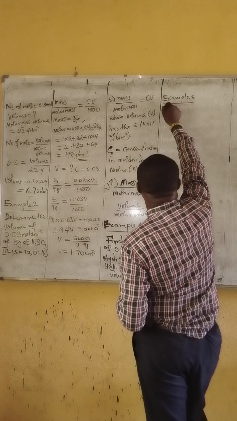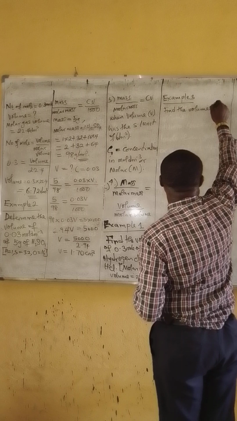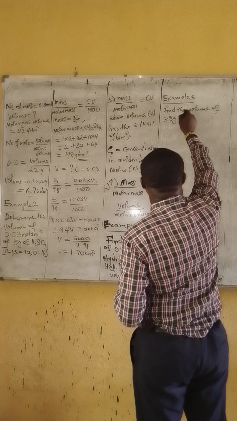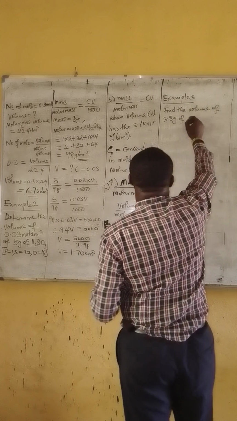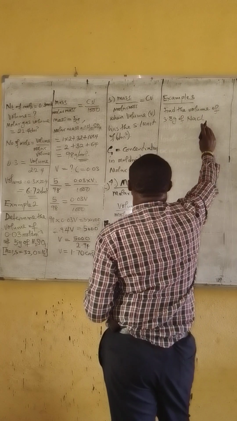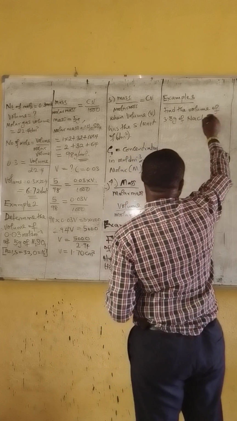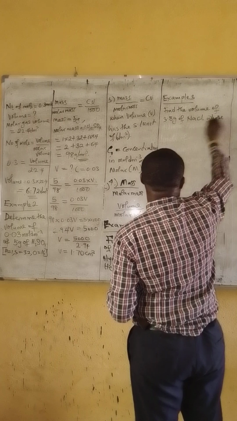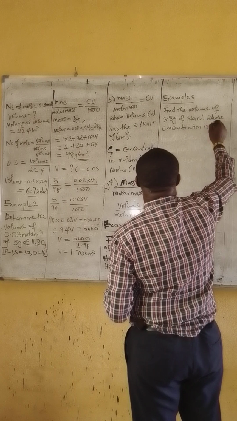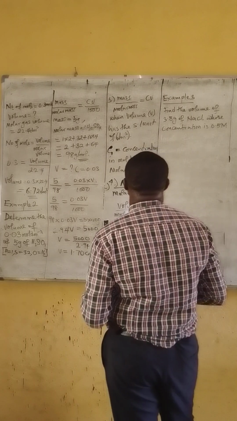Now, you are asked to find the volume of 3.8 gram of NaCl whose concentration is 0.5 capital letter M, which means molar.